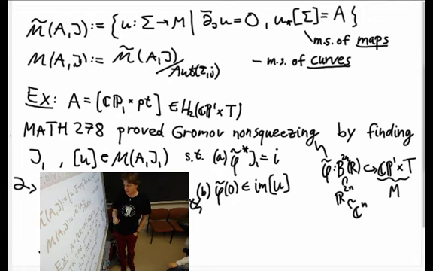because I can pick any one J that satisfies condition A. And then I can take a sequence of regular J's that converge there. Then instead of doing this nice cobordism argument, for every one of the regular J's, I'm going to have exactly one curve.